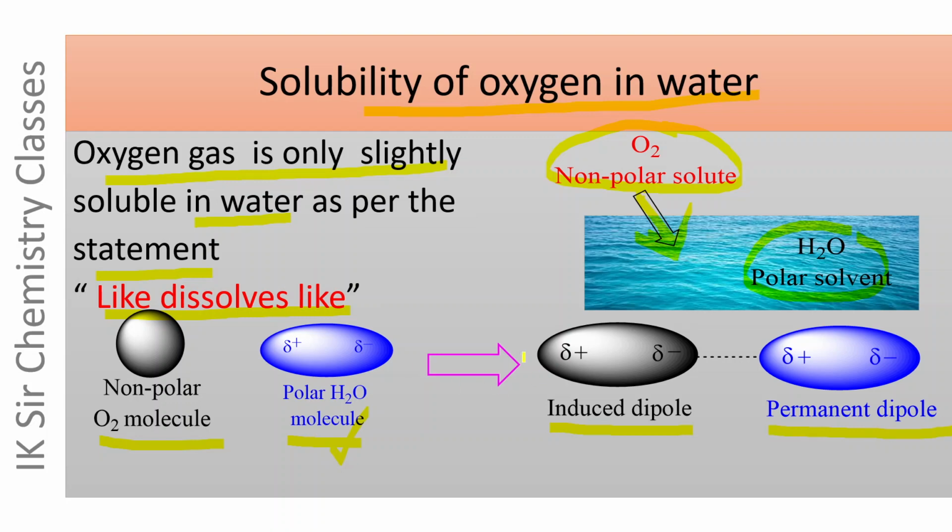The dipole induced in the non-polar O2 molecule is called induced dipole, while the H2O molecule has permanent dipole. Now, a weak attractive force acts between induced dipole and permanent dipole, which is called dipole-induced dipole interaction.